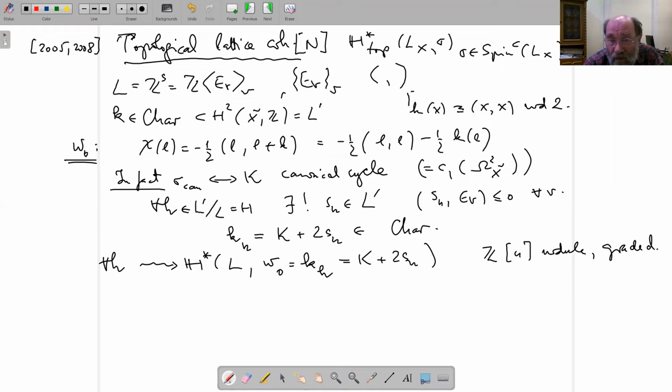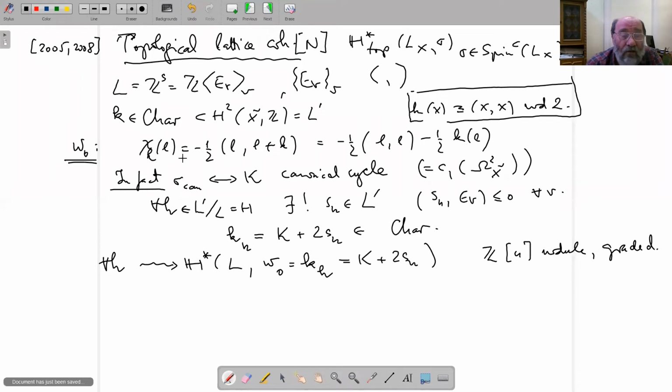They are characterized by this property: we have k·x congruent with x squared mod 2, and then associated with this k we have a Riemann-Roch type expression, -1/2 l intersected with l plus k, where k is this characteristic element.